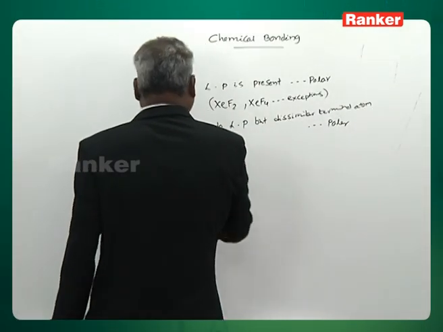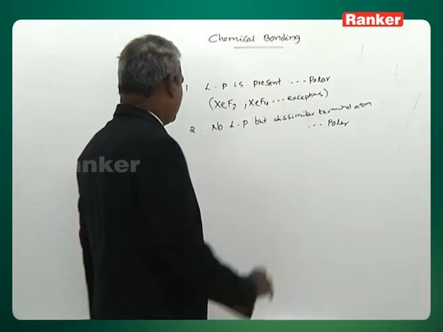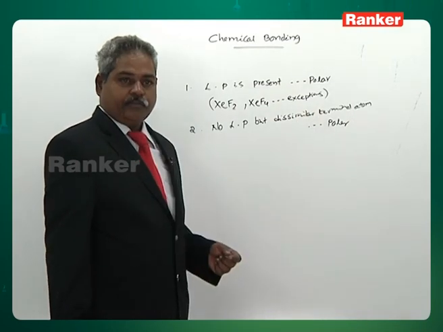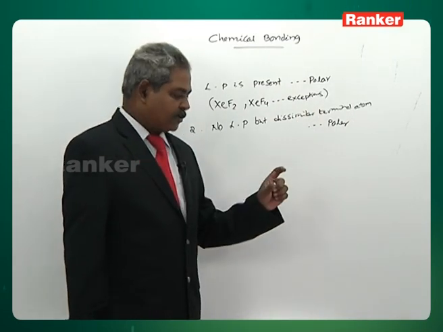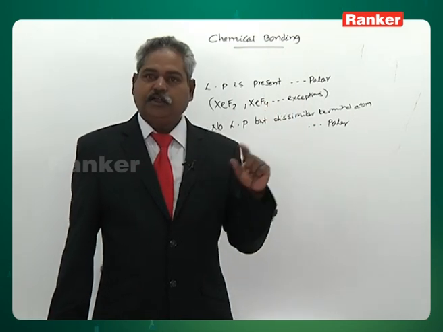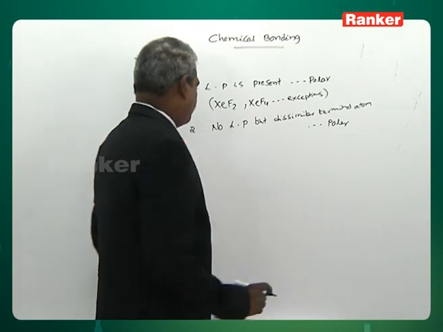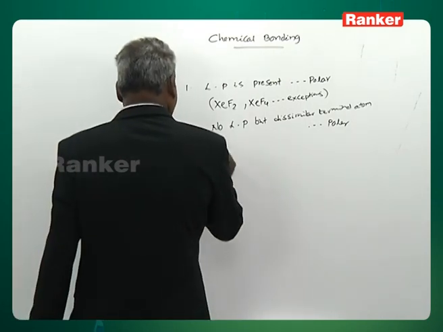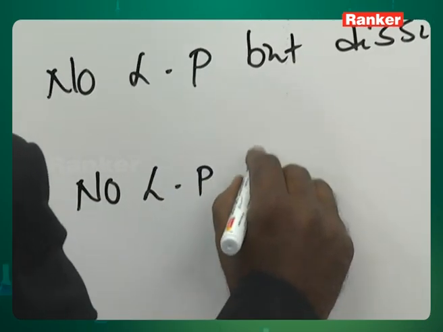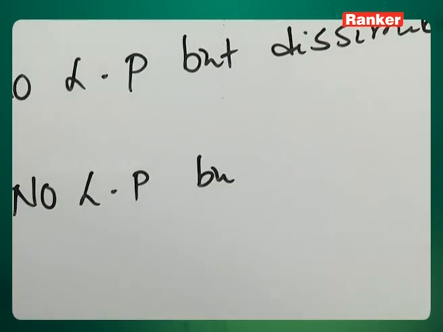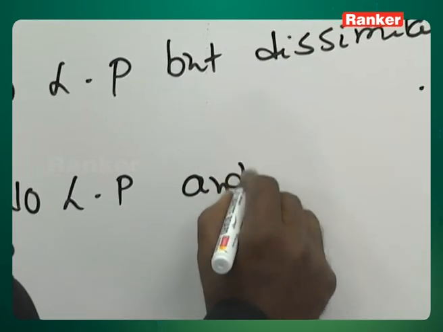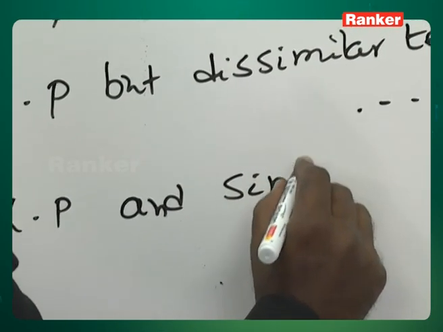So, when is a molecule polar? If a lone pair is present, definitely polar. If there is no lone pair, but still the atoms are dissimilar, as in SOCl2, sulfur surrounded by 1 oxygen and 2 chlorines, obviously dissimilar, polar. 3. Third case: no lone pair and similar terminal atoms.